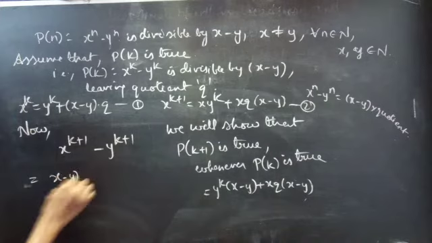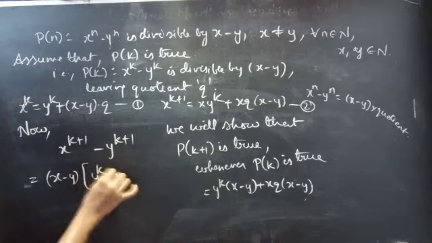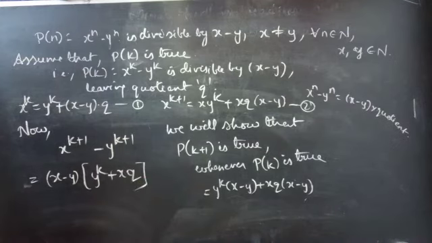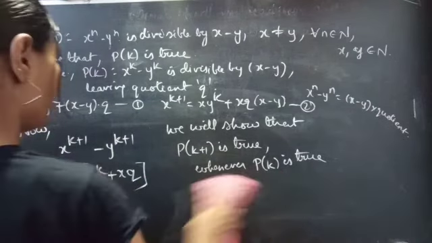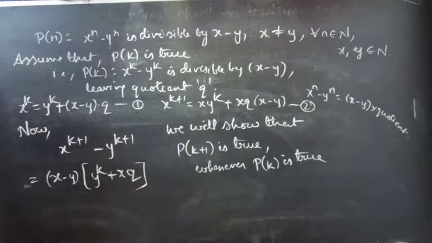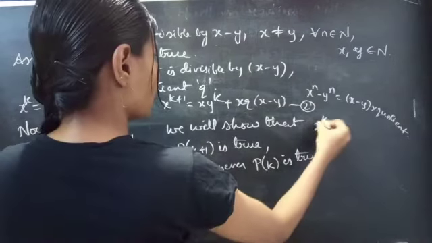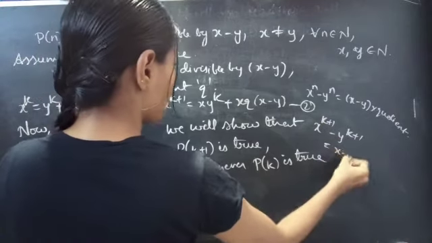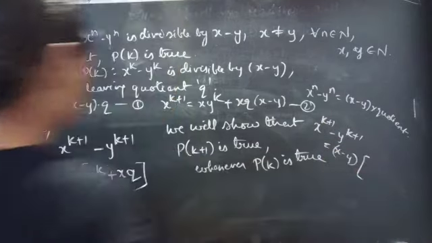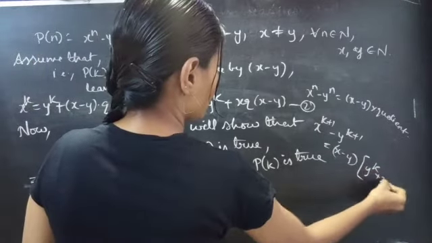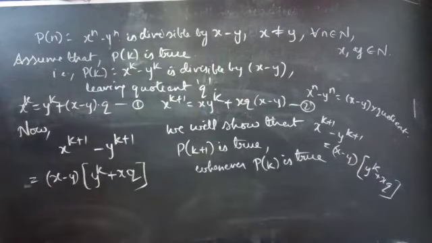You'll get x minus y times y power k plus x into q, right? So we got x power k plus 1 minus y power k plus 1 equals x minus y times y power k plus x into q, right?